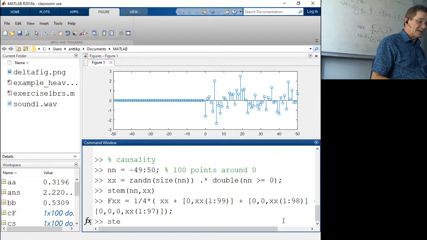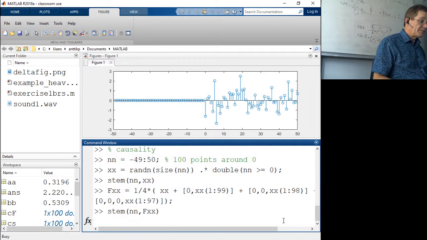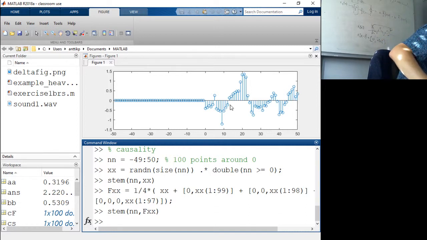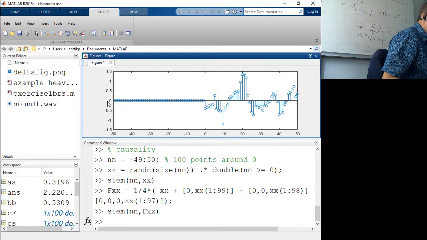Let me stem that one too. Okay, yeah, that looks quite funny. Haha, it looks like a little bit smoother version of the previous, but anyways, the biggest thing is that there seems to be nothing on the left hand side.